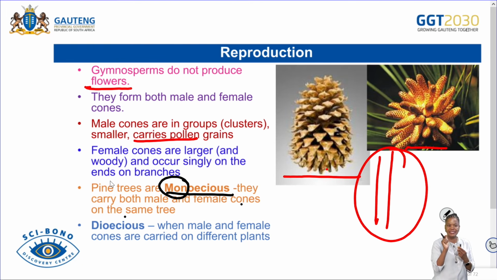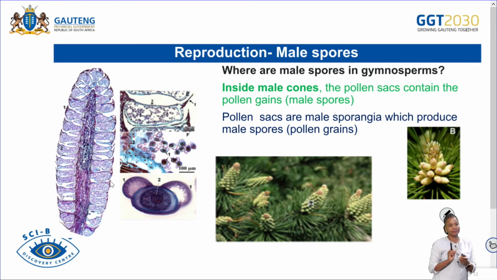And if the plant is said to be dioecious, it means that the male cone will develop on a different plant, and the female cone will also develop on a different plant. However, all pine trees are monoecious because both male and female cones are developing on the same tree.